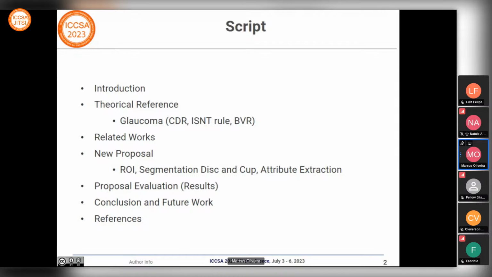In related works, I will talk about two approaches of fundoscope image analysis for glaucoma classification. In the proposal, I will show you the new methodology developed step by step, from the fundoscope image input to the feature extraction and the glaucoma classification. I will show as well the proposed evaluation and its results. At the end, I will follow to conclusion and future works.